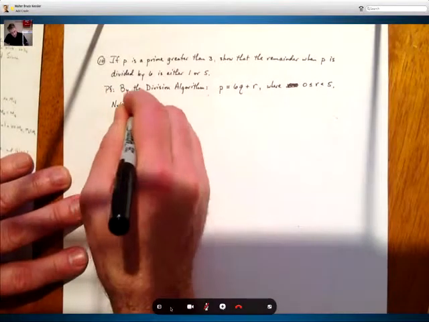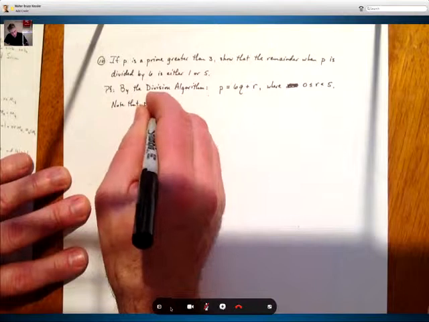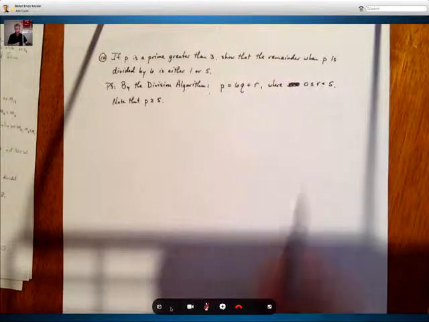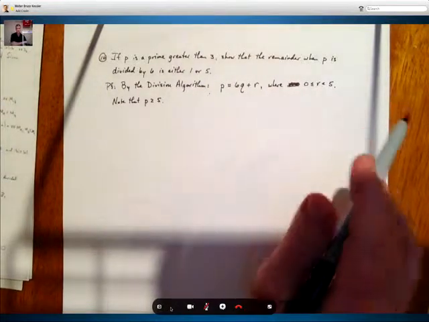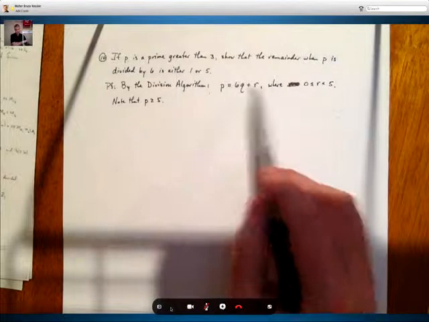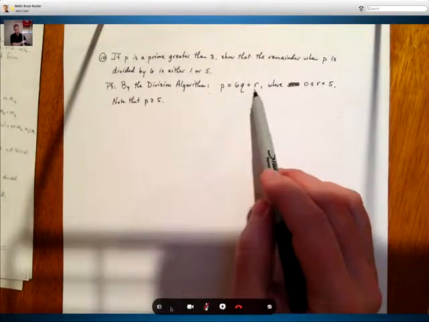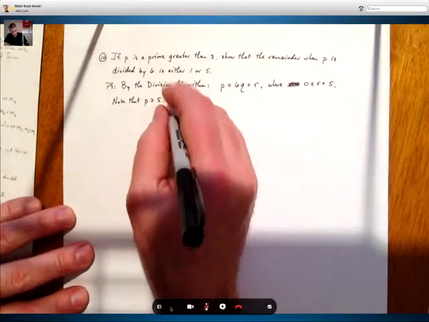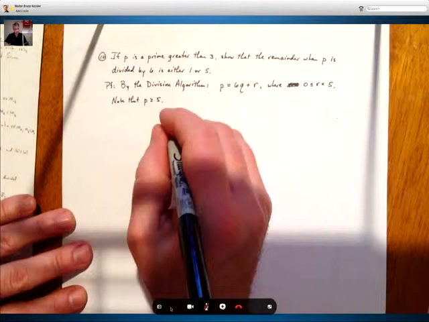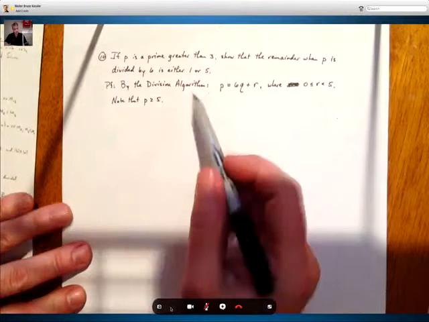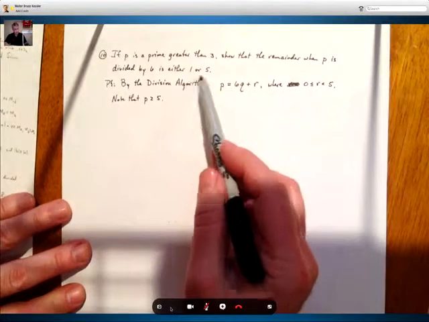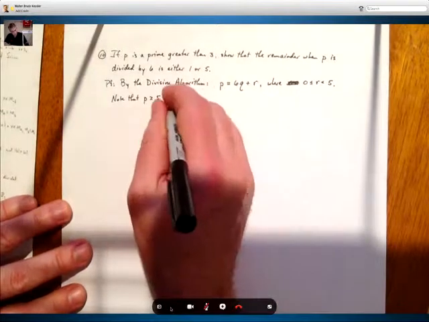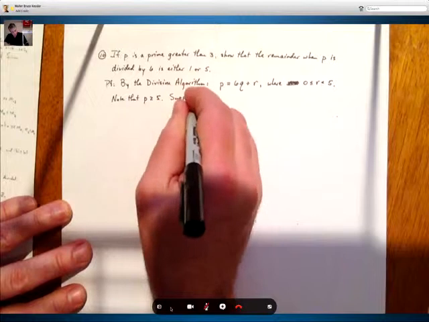It has to be at least 5. I point that out because it makes all the remainders possible. If P is 5, then the quotient is 0 and R would be 5. So what follows here is just a series of knocking out the other ones, the 0, the 2, the 3, the 4.